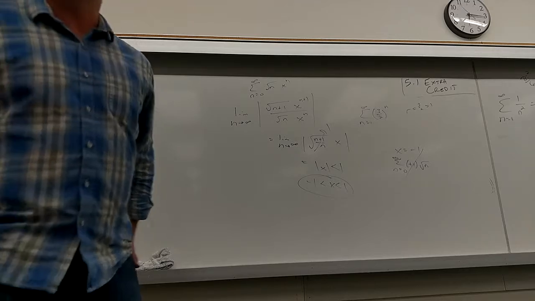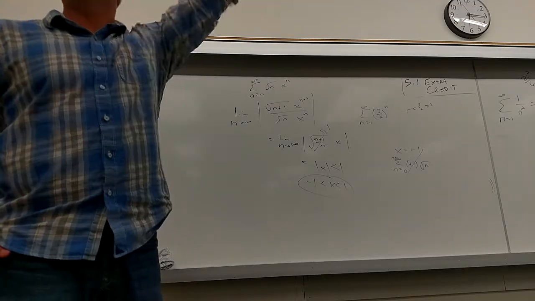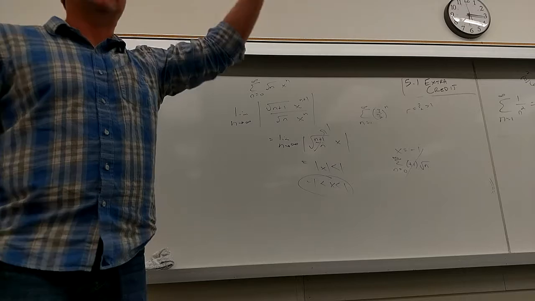So you don't make it a big deal when you take the absolute value, the negative 1 to the n, just forget about it, right? Dies. It's the absolute value. So.